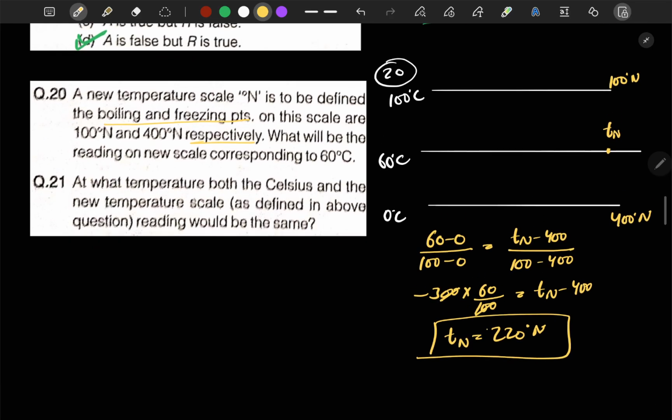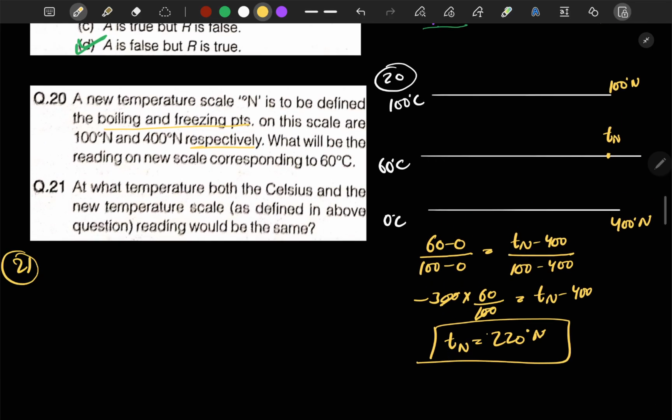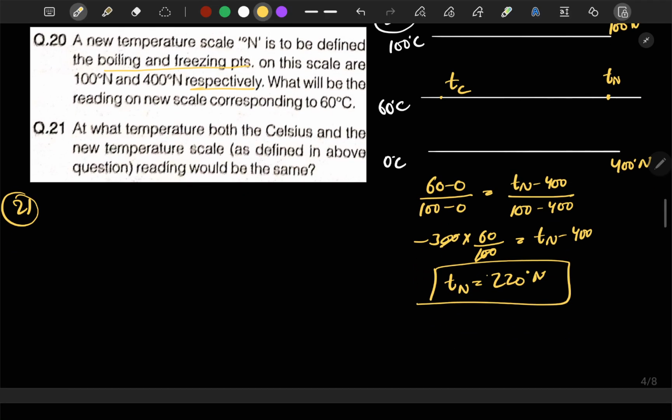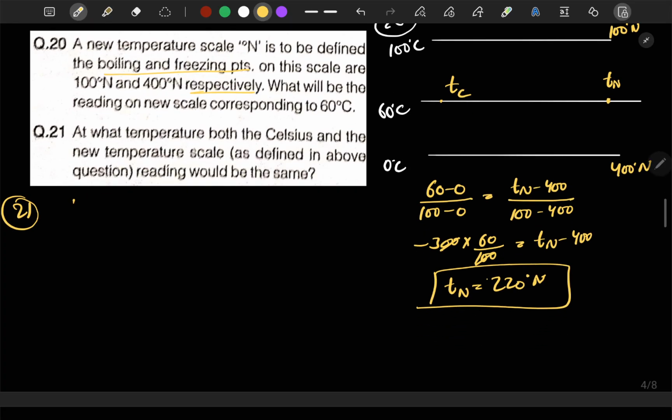Let's see question number 21. It is mentioned: at what temperature do both Celsius and the new temperature scale defined in our question read the same value? Let's say that they read the same value at some temperature Tc, so Tc and Tn will both be equal. Okay, so we can write (Tc minus 0) upon (100 minus 0) is equal to (Tn minus 400) upon (100 minus 400).